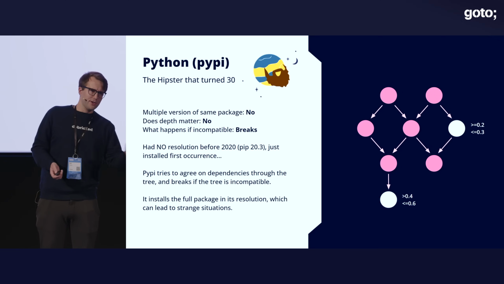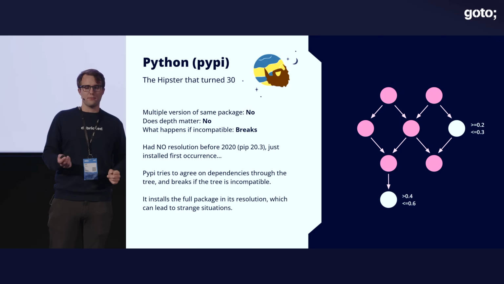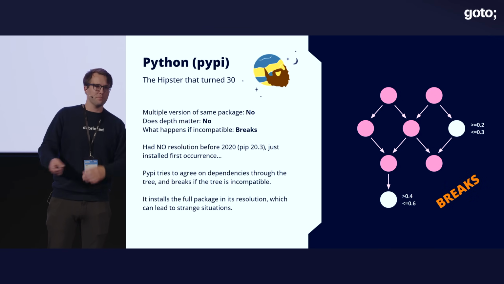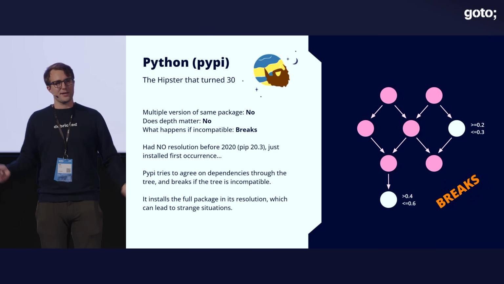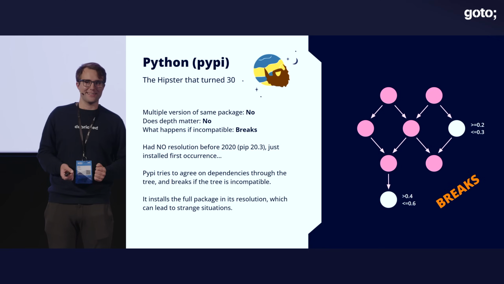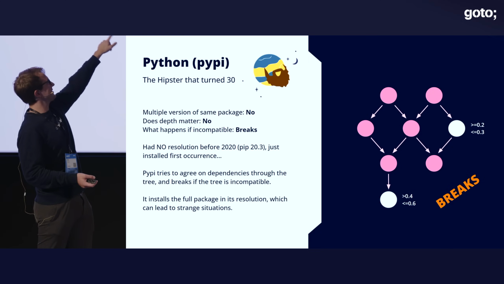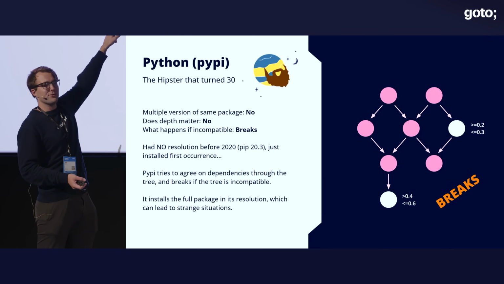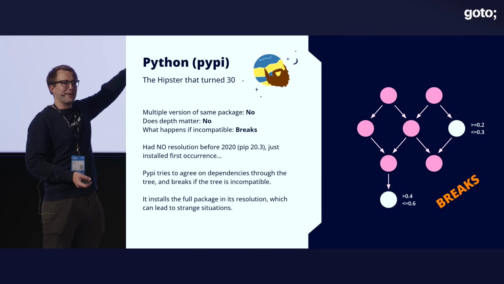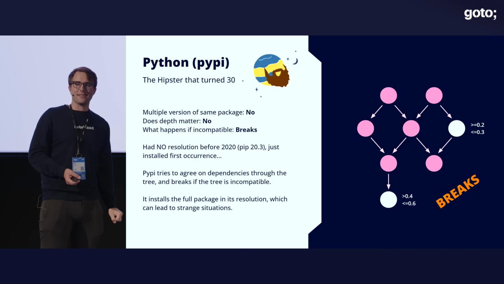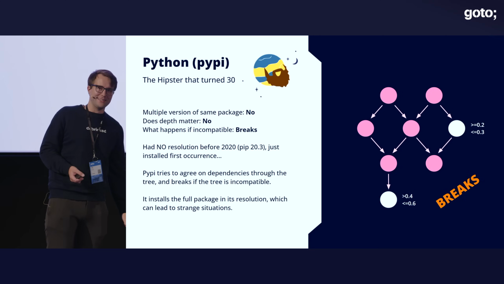So in this particular example, Python will break. You will not be able to install, it will break your pipeline, and you will have a bad day, because your task will be to find root dependencies or bring a transitive dependency up to the root level to find compatibility somewhere. And that's going to be a bad day as a developer.